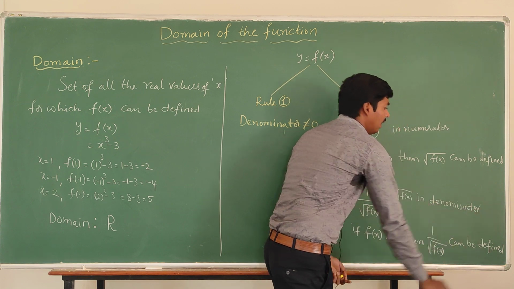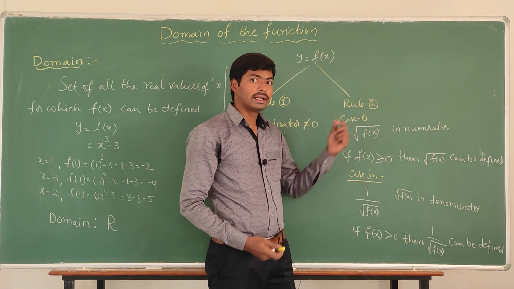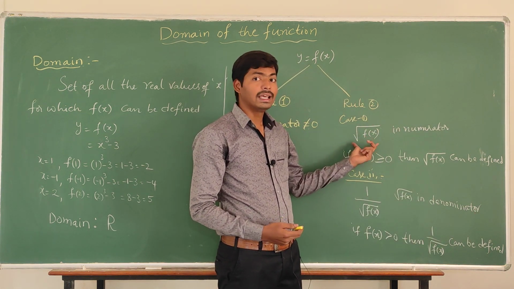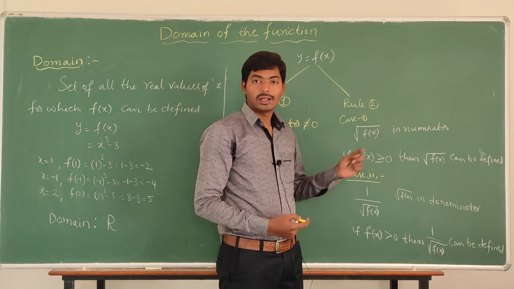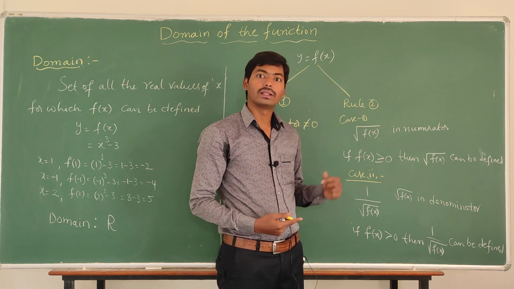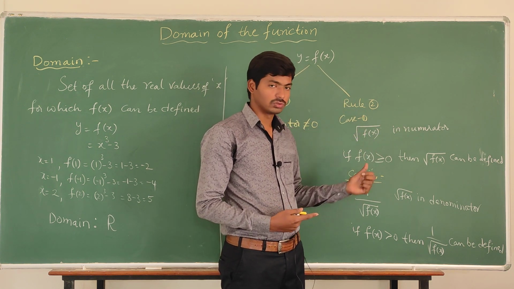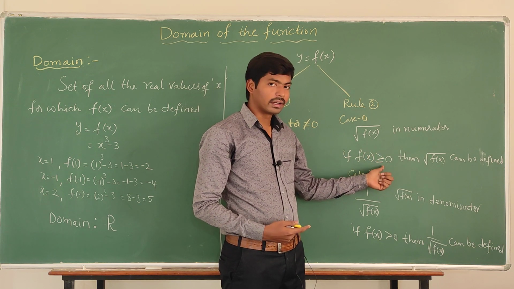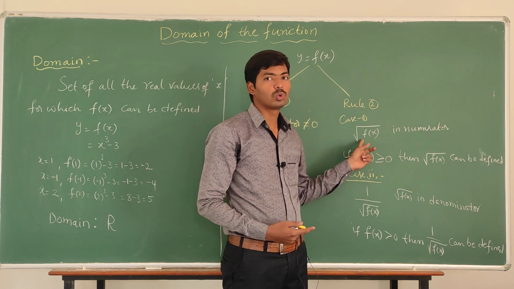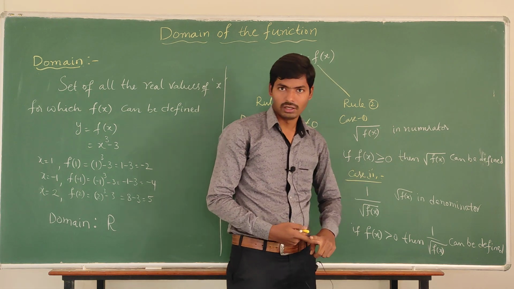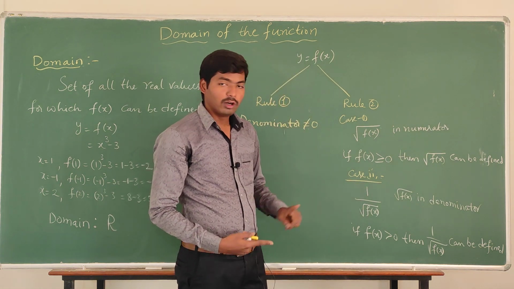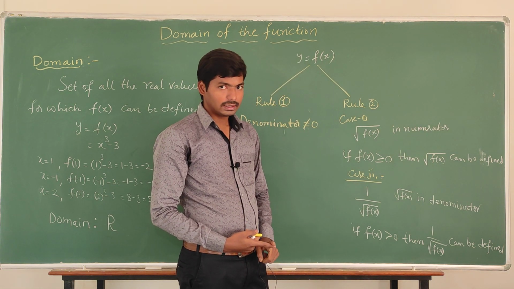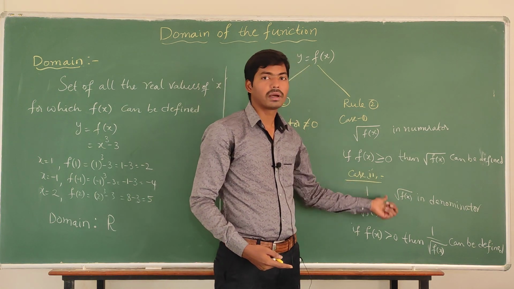So if it is a root function in numerator, then my function can be defined if the expression under the root is greater than or equal to 0, then only I can define my function. So if f of x is greater than or equal to 0, then root f of x can be defined. So if the root function is in denominator, when can I define my function?